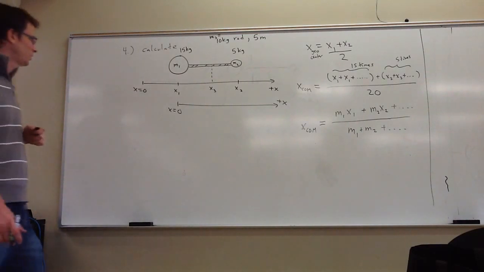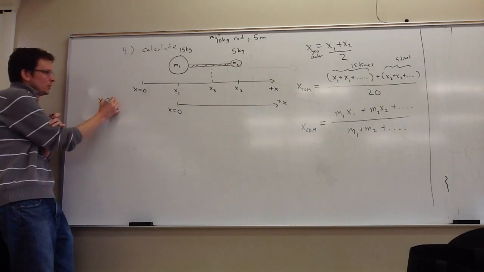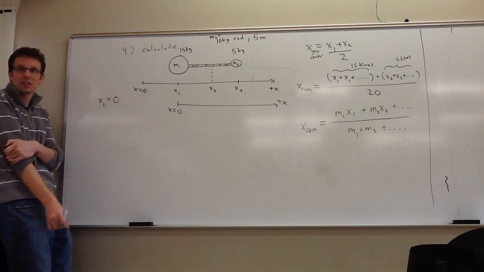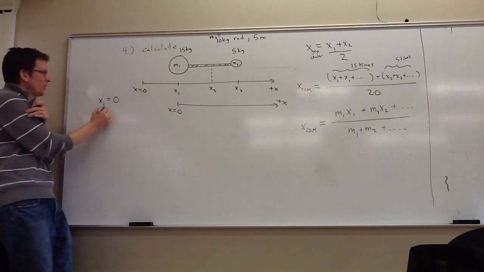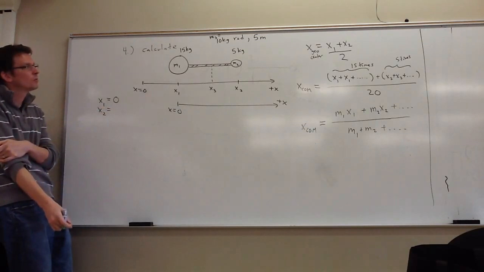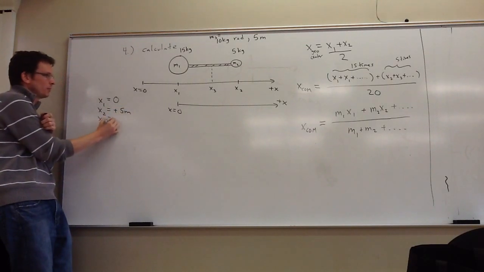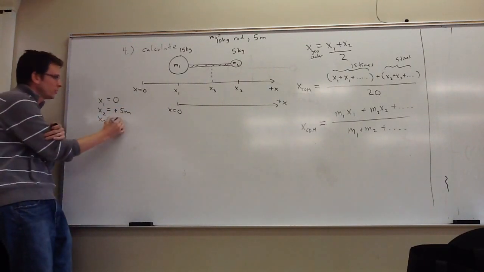So with that origin, what's my x1 value? 0. That's convenient. What is my x2 value? Plus 5 meters, right? What's my x3 value? Plus 2.5.